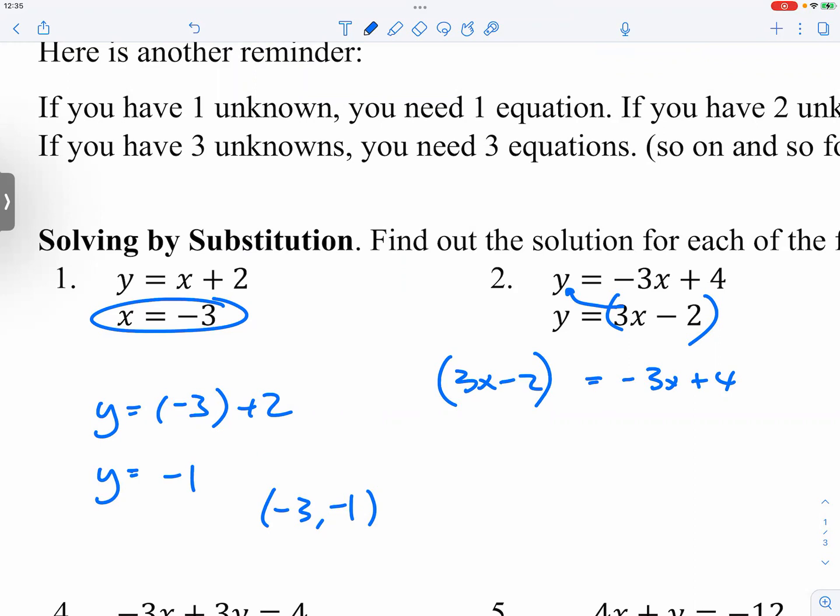All right, so what we would do is go ahead and simplify the terms, or combine like terms. Now, the idea is this. Because we are substituting the 3x minus 2 over here, the actual substitution is only happening here. So we have to combine like terms.